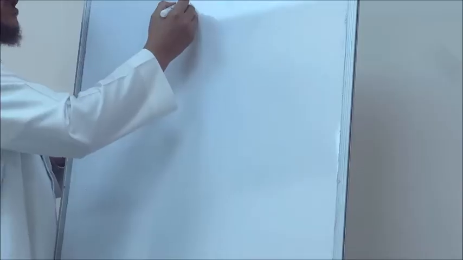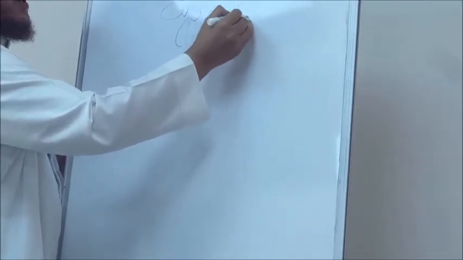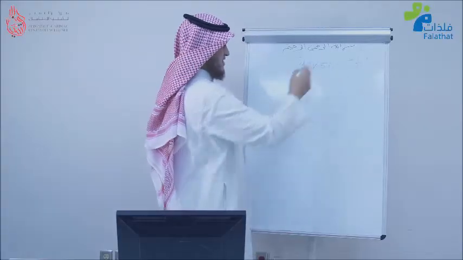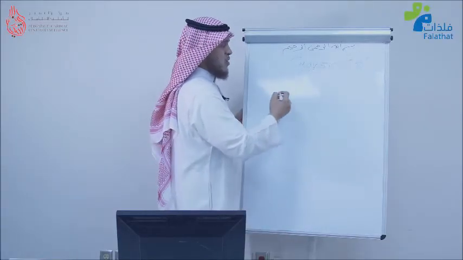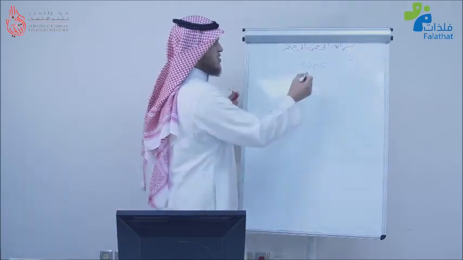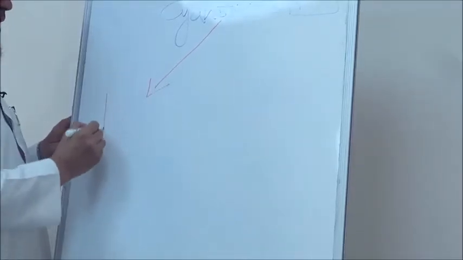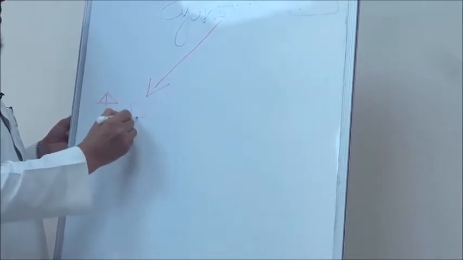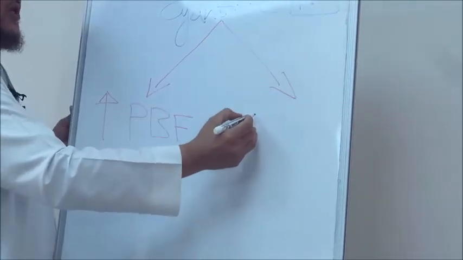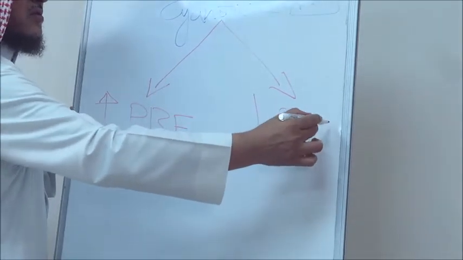So if we say cyanotic congenital heart disease, CCHD, one of the best ways of dividing this disease is actually to ask: is this cyanotic congenital heart disease with increased pulmonary blood flow, or is it with decreased pulmonary blood flow?